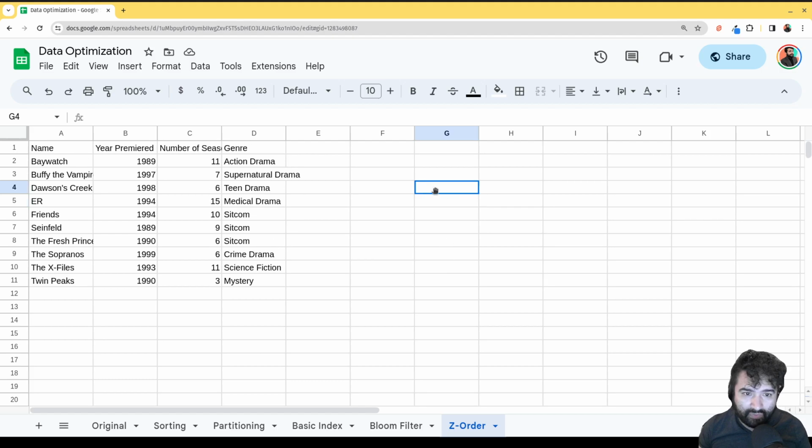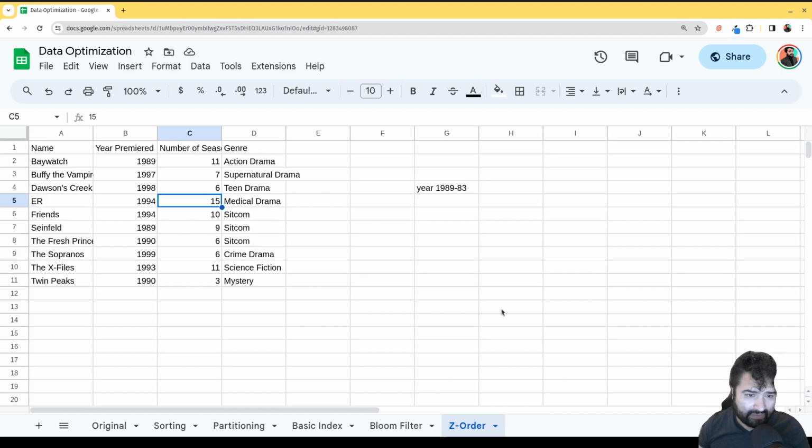Let's do our first quadrant. It's going to be year premiered, starting at 1989, so that'd be 89, 90, 91, 92, 93, through 93. As far as seasons go, we see a range of numbers between 3 and 15, so that's a range of 12.